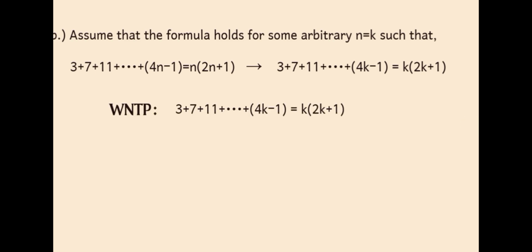Now to show what we need to prove, we have 3 plus 7 plus 11 plus ellipsis plus the quantity of 4k minus 1 is equal to k times the quantity of 2k plus 1. Now we add 4 times k plus 1 minus 1.